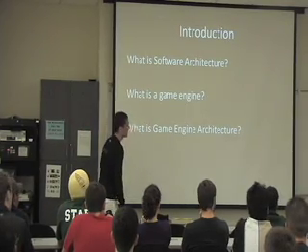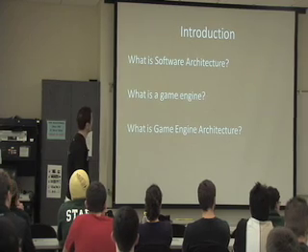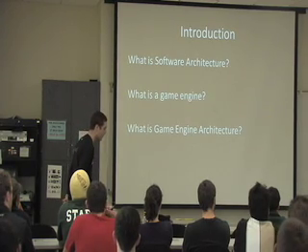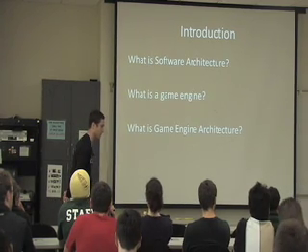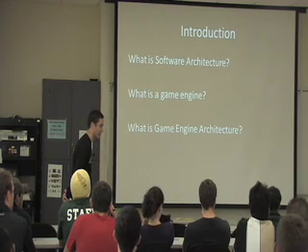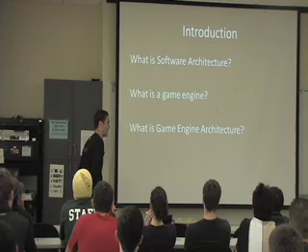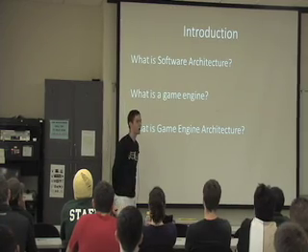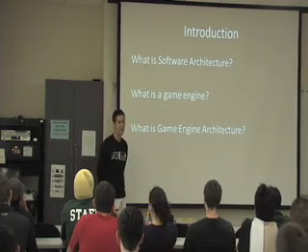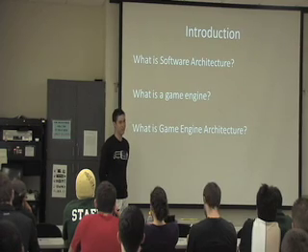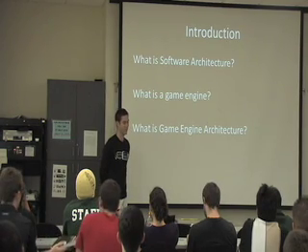So, introduction. What is software architecture? Well, when you graduate and go into different programming industries, the first thing you'll notice is that the stuff you work on or the stuff you program is about 1,000 times bigger than any project you've ever worked on at school.